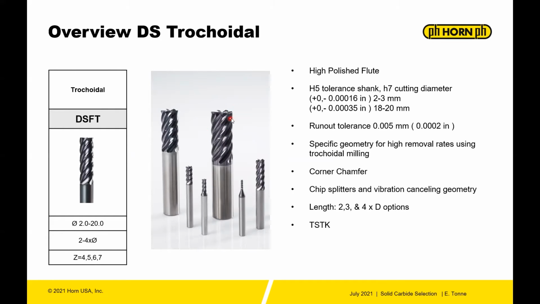That's also a highly polished flute and very, very accurate run out. This additionally comes in a 4 times D option as well, since a lot of the productivity in trochoidal milling comes from taking very deep depth of cut with a very shallow AE or width of cut.